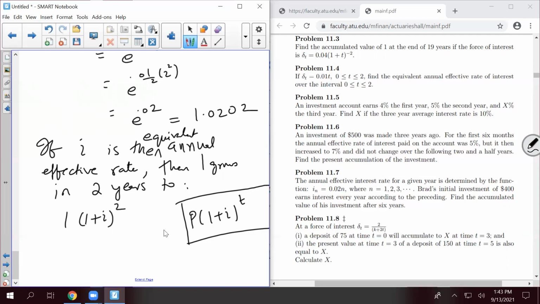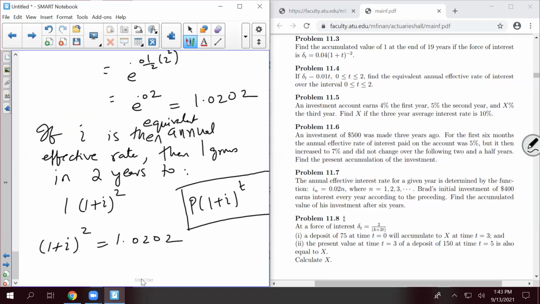The principal didn't have to be 1, any principal would give you the same result. So we want (1 plus i) squared equal to 1.0202, and that will give you the equivalent annual effective rate.